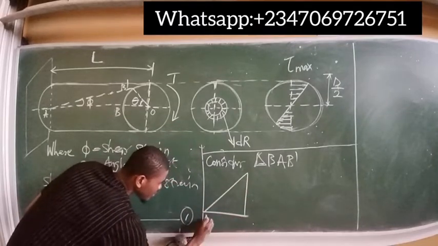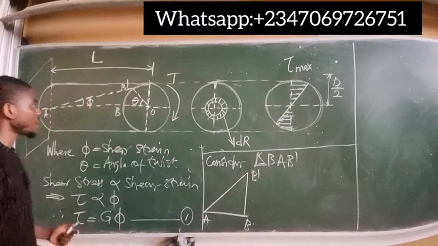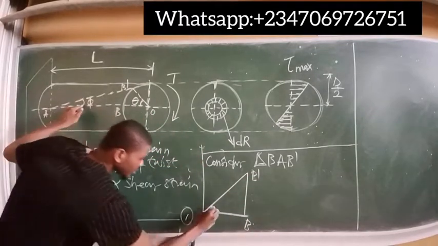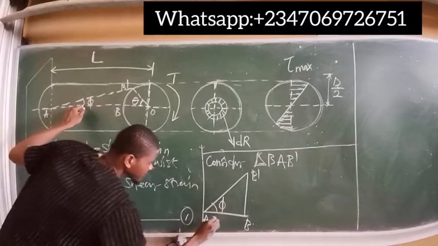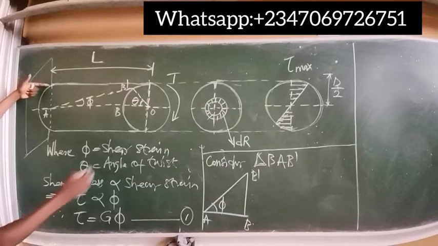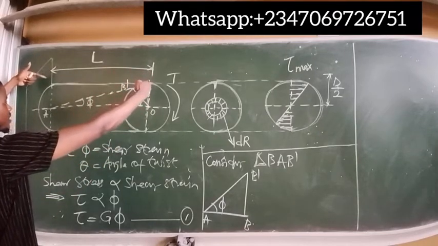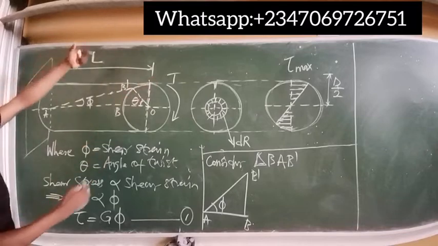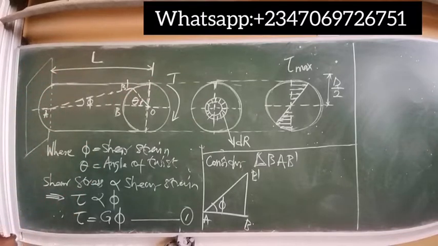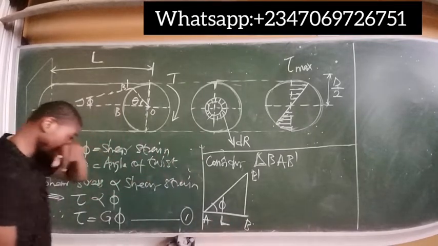This is A, this is B, and this is B prime, and this is the angle of shear, which is simply psi. Not forgetting that from A to B is the entire length of the cylinder, which is given simply as L.